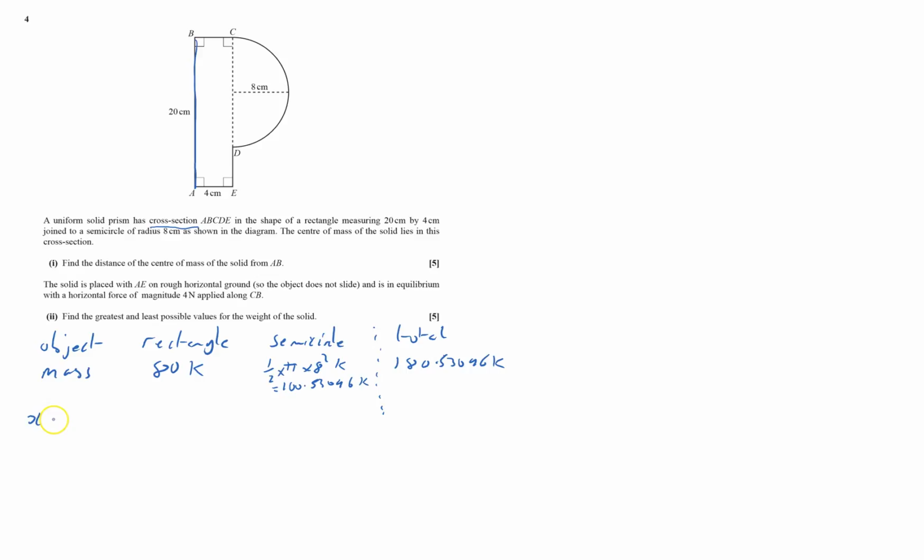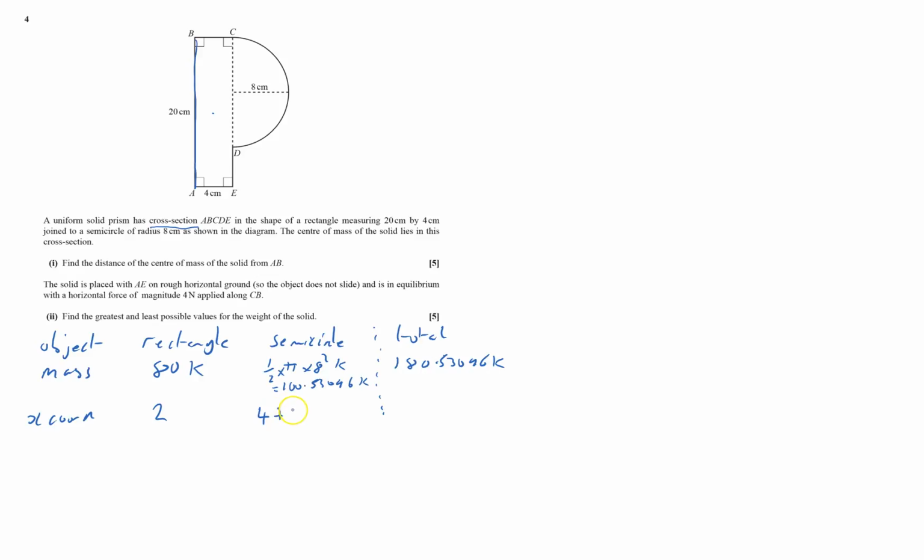I'll work out my x coordinate. Don't care about where the y coordinate is. So the x coordinate of the centre of mass of this first shape will be there, which is 2. And the next one will be 4 plus however much I need to go through there. So that's going to be 4 plus, and then I now need to look in the formula sheet where I have a sector of a circle, radius r, angle at the centre 2 alpha.